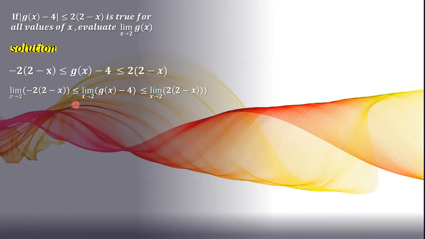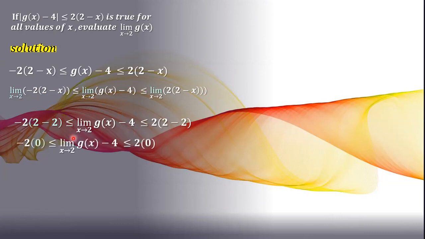When x approaches 2, we substitute x by 2. So the limit of negative 2 minus 2, here 2 minus 2, and here the limit of g of x as x approaches 2. The limit of a constant is the same constant. Here this side is 0, the other side is 0.